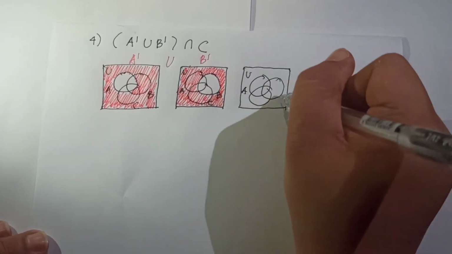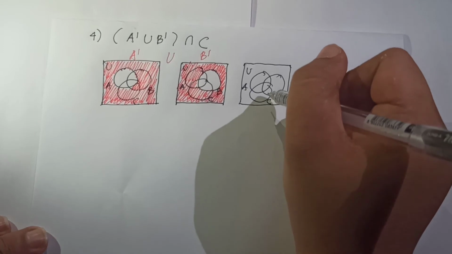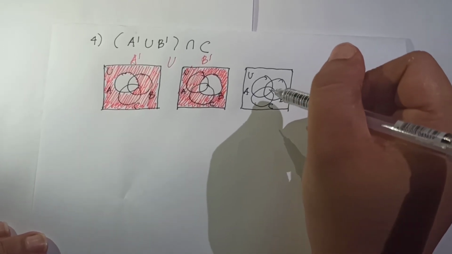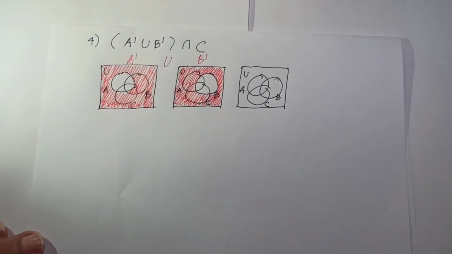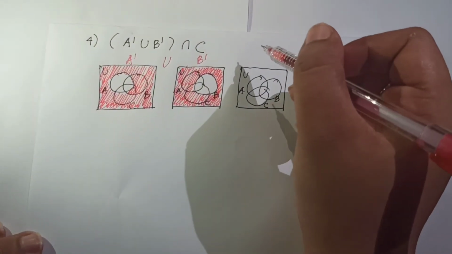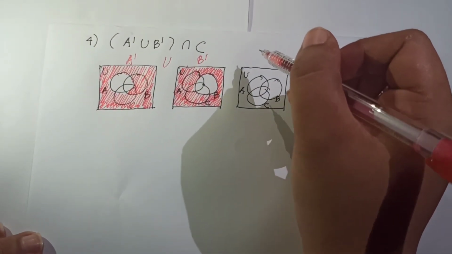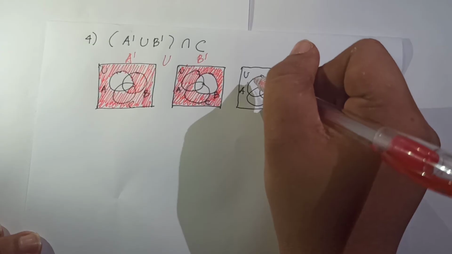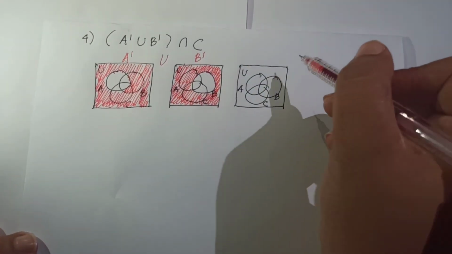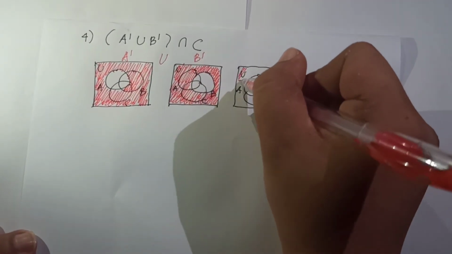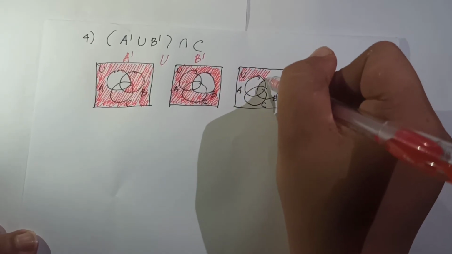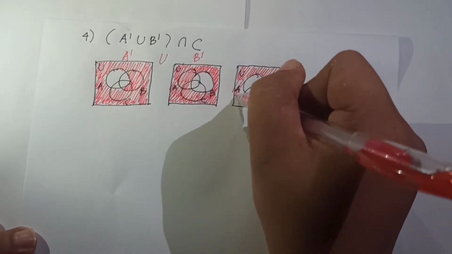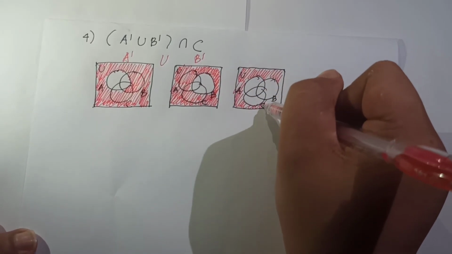Okay, if this is our A and B and C, we're just going to shade whatever is in the two. Here, the shaded part, so we shade the outside. Okay, the outside is shaded.